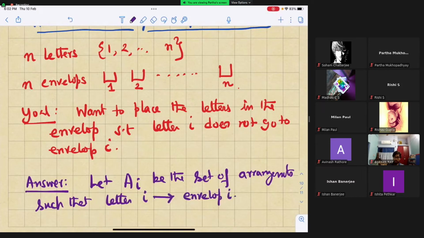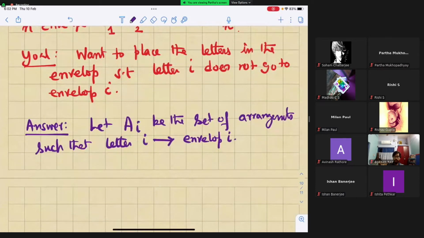So that is a bad case for you, right? You don't want it. Bad cases means these are the arrangements that you don't want. They have violated your condition. So the number of bad cases is the union of the A_i.